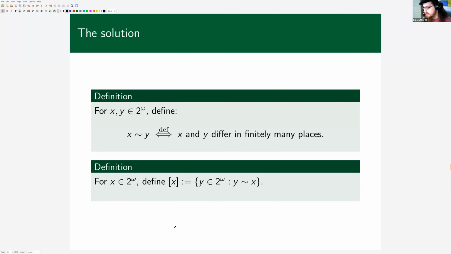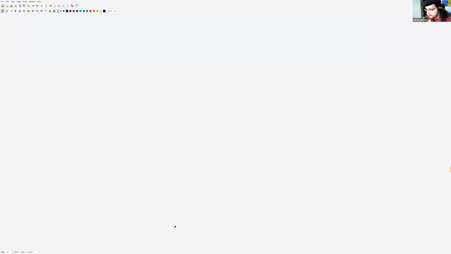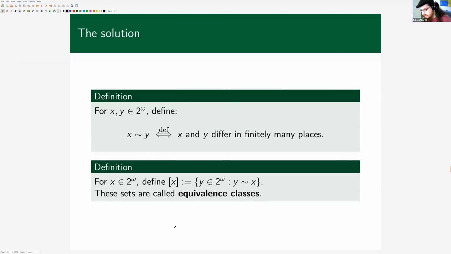And it's an equivalence relation, so we have equivalence classes, right? If you don't recall this terminology, it just means that for a sequence, the brackets around the sequence denote the set of all things that are equivalent to it. Okay, these are called equivalence classes. And recall the best property about equivalence classes, which is that they're the same precisely when the things on the inside of the brackets are similar to each other.